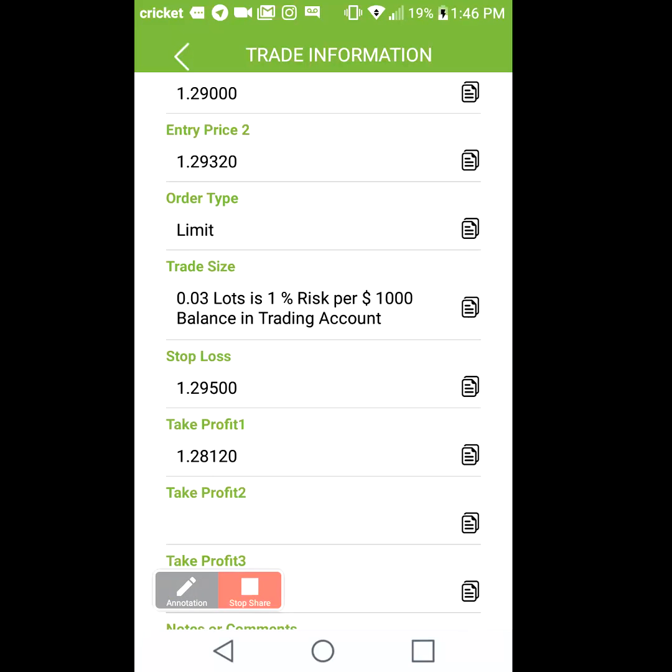Now, we also need to know what our lot size is. This says do 0.03. That's a 1% risk per $1,000. Let's say that you have $300 in your account. Then you want to stay at a 0.01 for conservative risk.